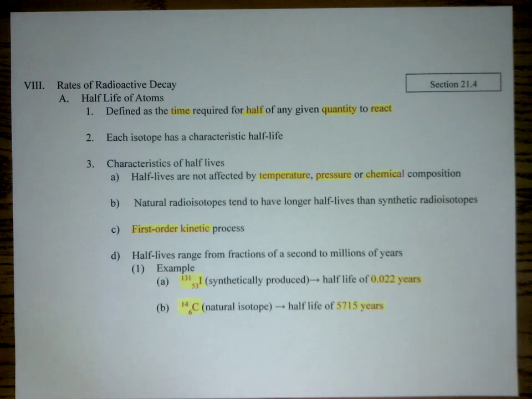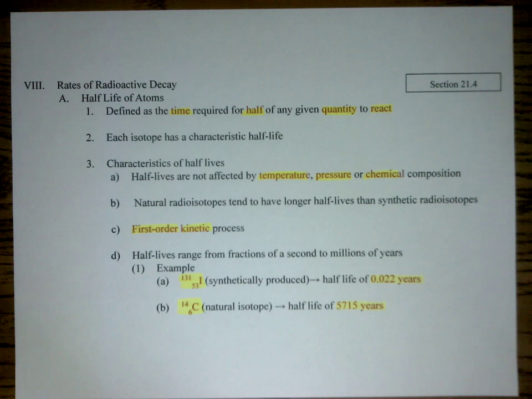So half-life, by definition, is the time required for half of any given quantity to react. Every single isotope has a unique half-life. Let's clarify that. Carbon 12's half-life is going to be different than carbon 14's half-life.